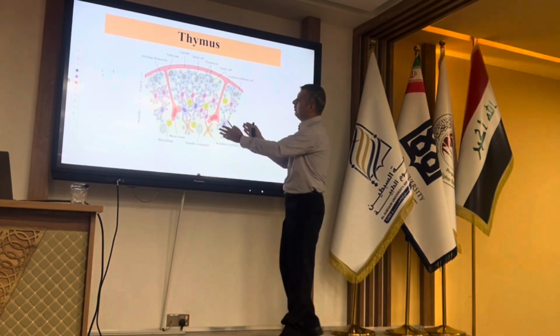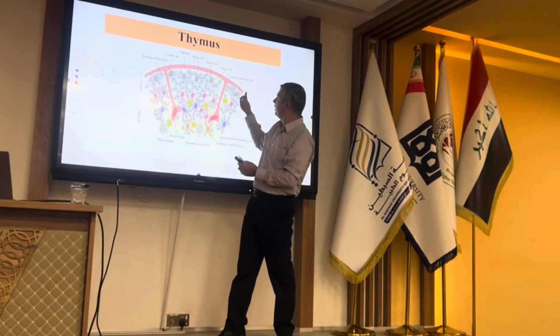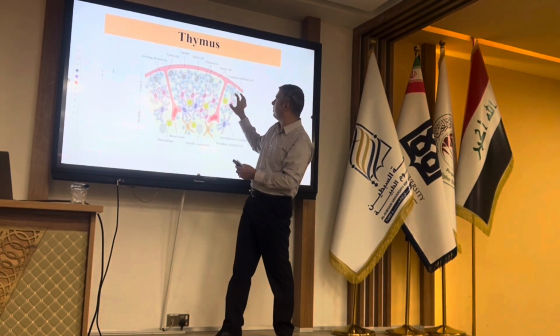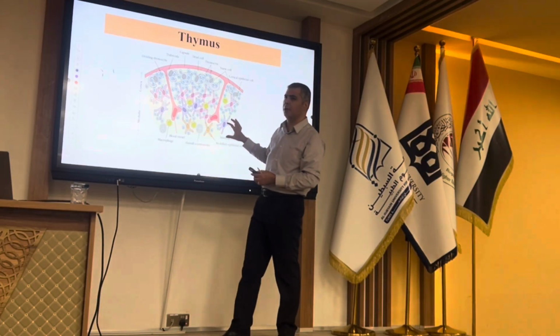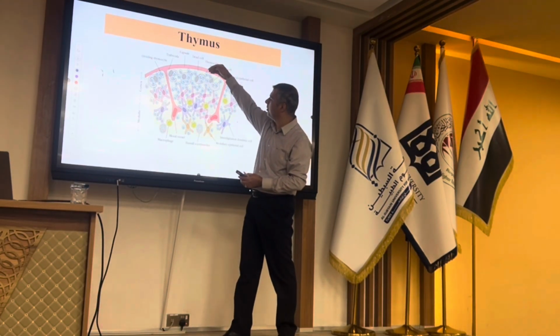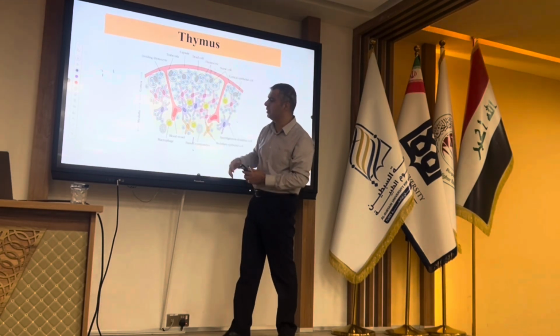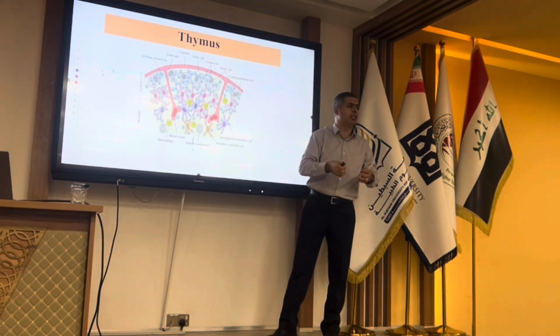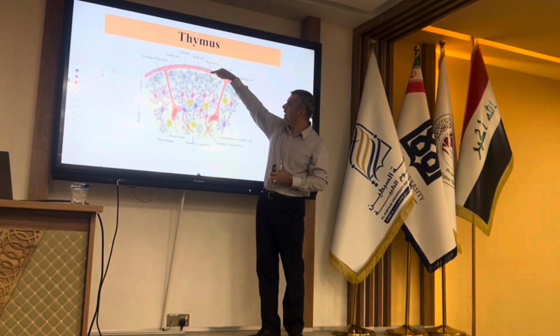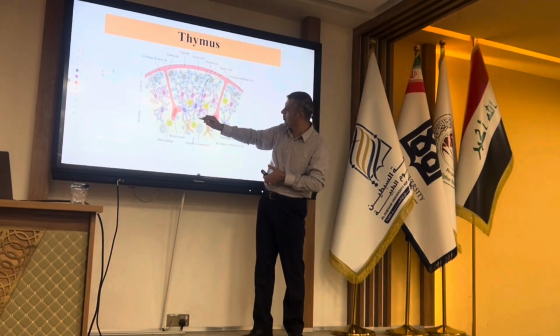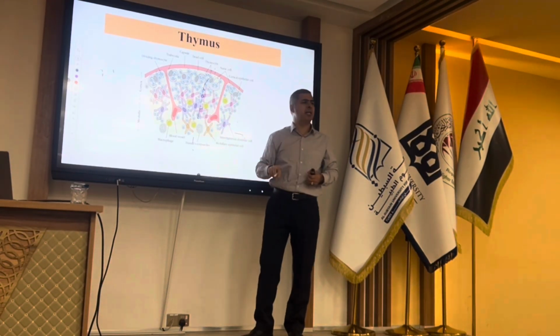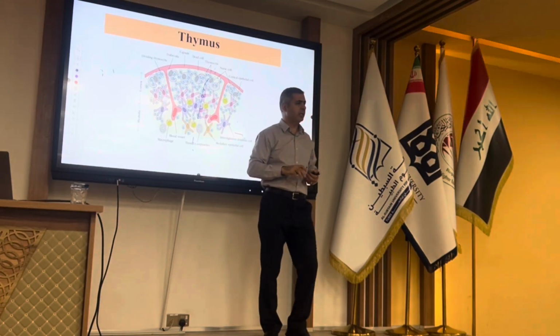This is the capsule of the thymus. This part is the subcapsular region or the cortex of the thymus, and here is the medulla. When we go from the cortex towards the medulla, the cells are more mature. Immature cells migrate from the cortex toward the medulla, and step by step become a mature cell.